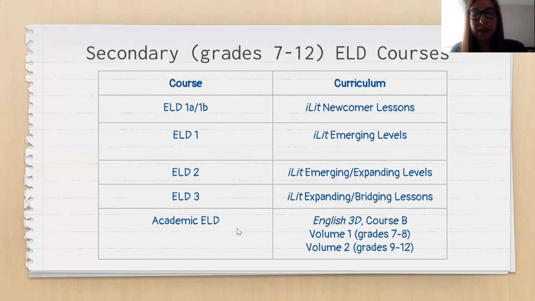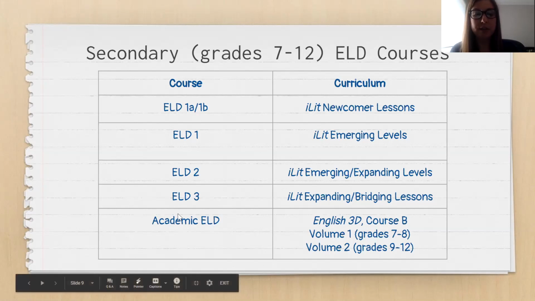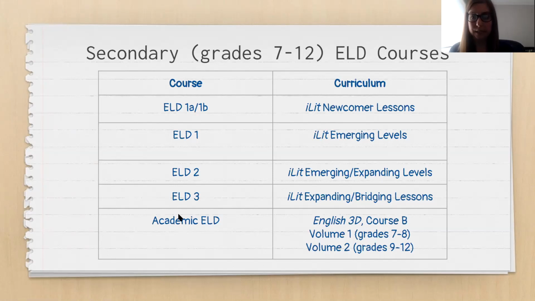If your child is a long-term English learner, someone who has been in the United States for 6 or more years, who has not been able to reclassify, they will receive a special intervention course called Academic ELD.